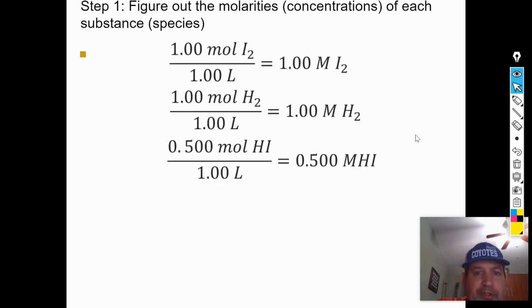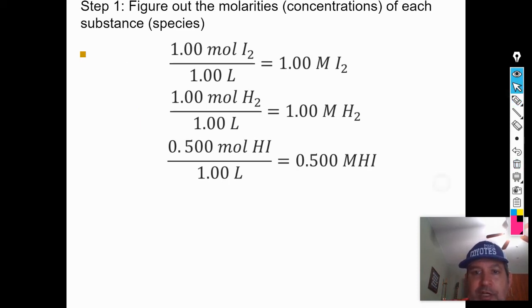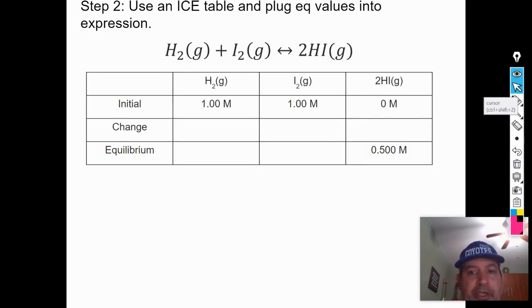So again, we've got all those. And real quick, let me make a note on this because I think it's important. These are initial concentrations because it says they're reacted, which means I put them in there. This one's at equilibrium because it said so in the problem. So let's go back to the ICE table here. Once I fill in the information I have, then I've got to figure out the rest of it.